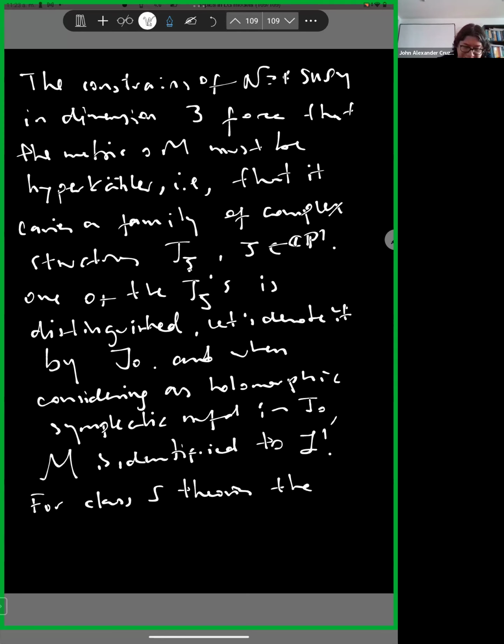So for class S theories, the complex integrable system is a Hitchin system.